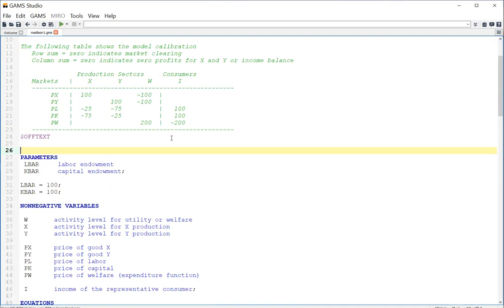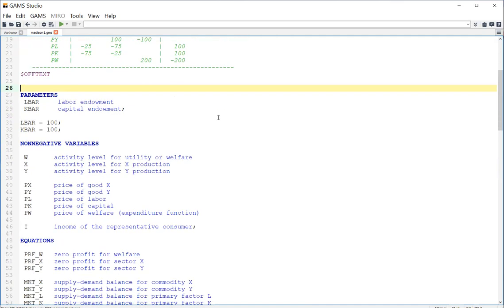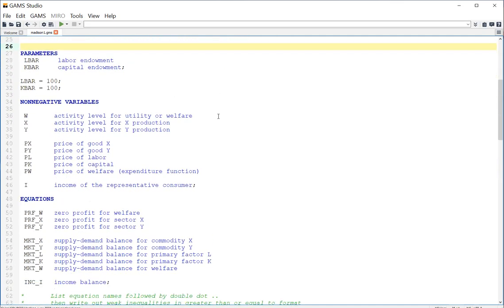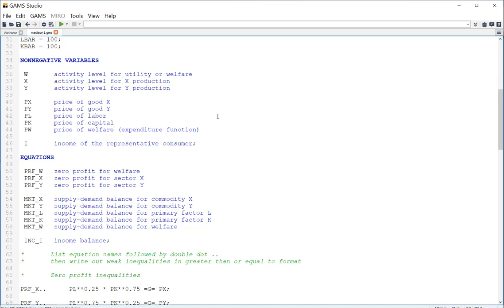It's not reading these numbers at this point, just a text file, but you can actually read these numbers in, and I have examples in my model library where you do that, say, from an Excel file. So there are 9 non-negative variables: 3 production activities, 5 prices, and then the income.